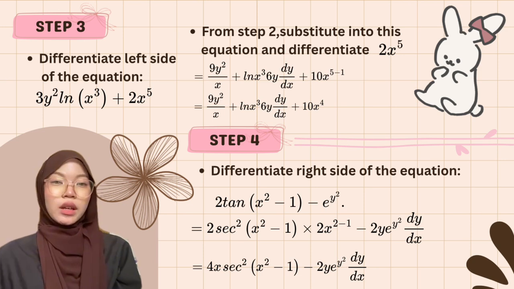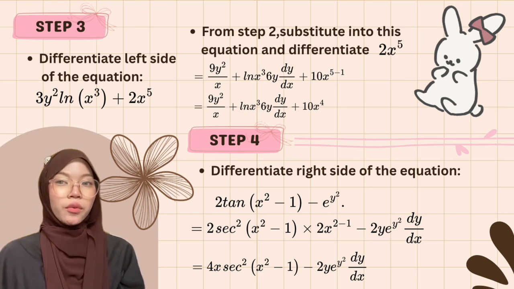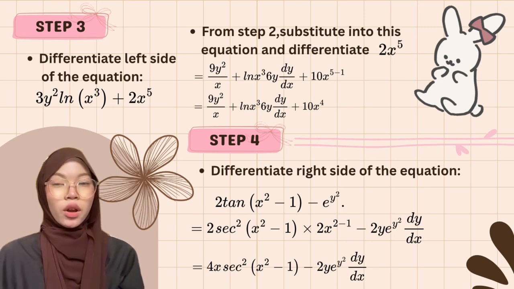Step 3. We need to differentiate the left side of the equation, 3y squared ln x^3 plus 2x^5. From step 2, substitute into this equation and differentiate 2x^5: 9y squared over x plus ln x^3 6y dy/dx plus 10x^(5−1), equals 9y squared over x plus ln x^3 6y dy/dx plus 10x^4.